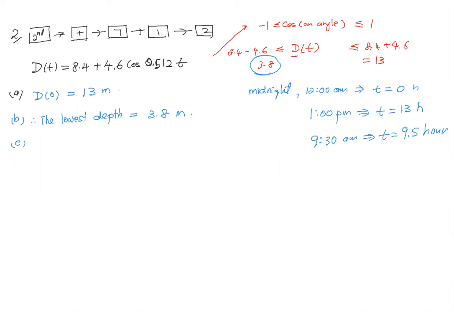So in this case, I know that the lowest is 3.8, the equilibrium is 8.4, and the highest is 13. So I know that is how the graph goes.